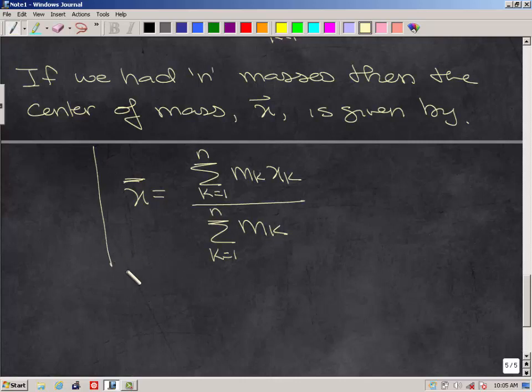So here's the formula for center of mass when the masses are located along a line.